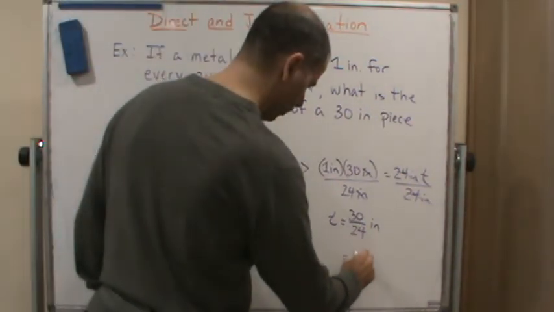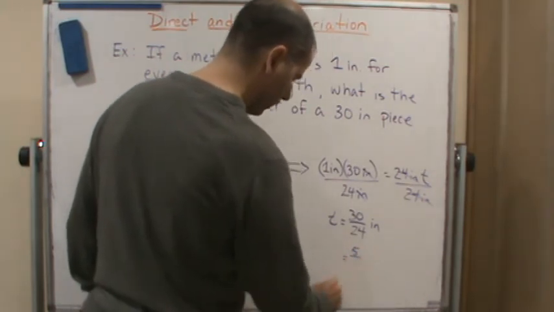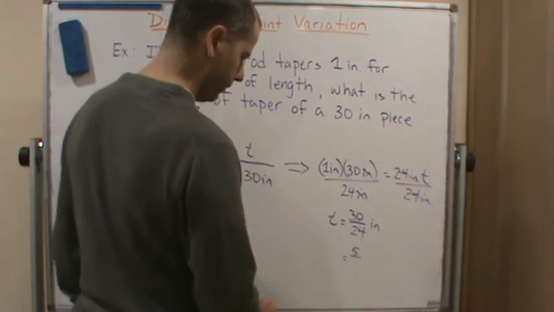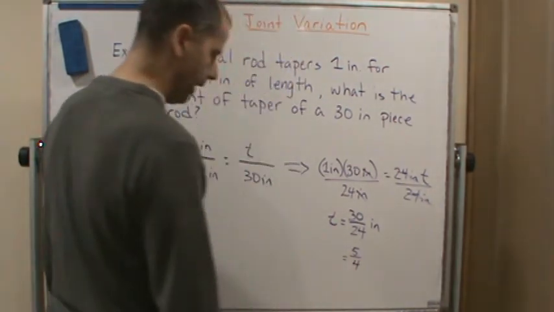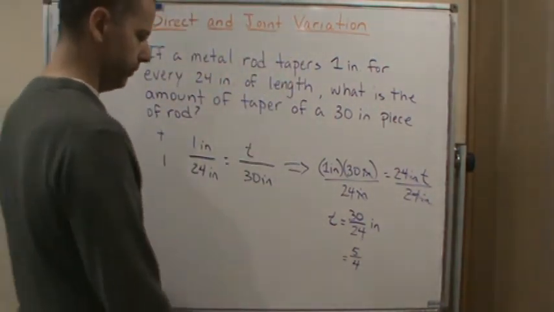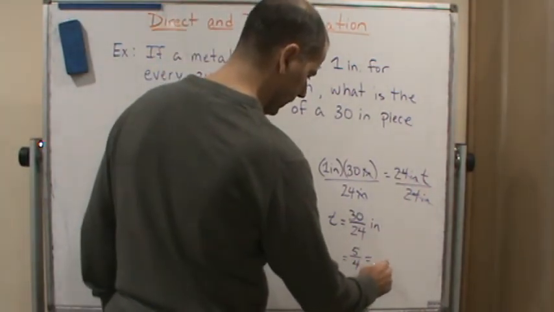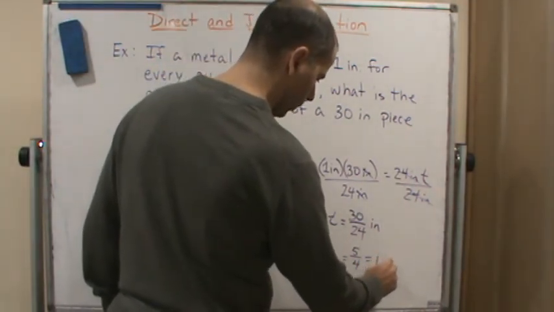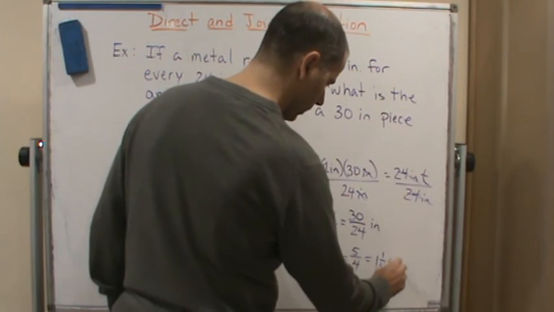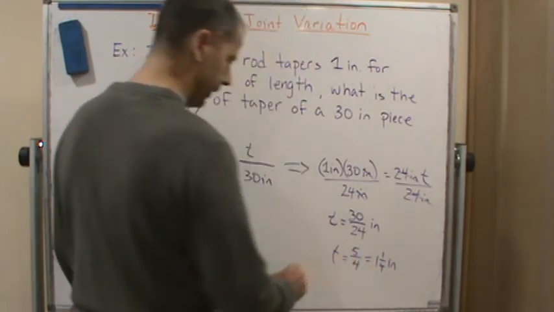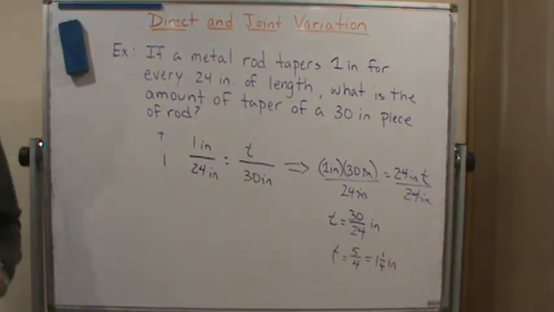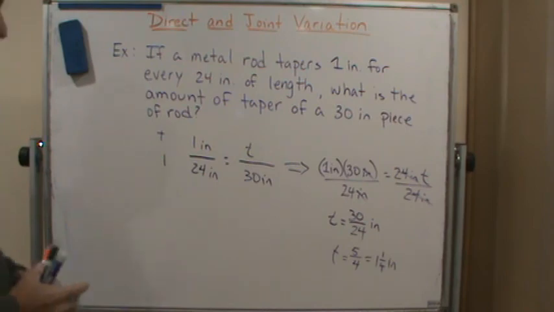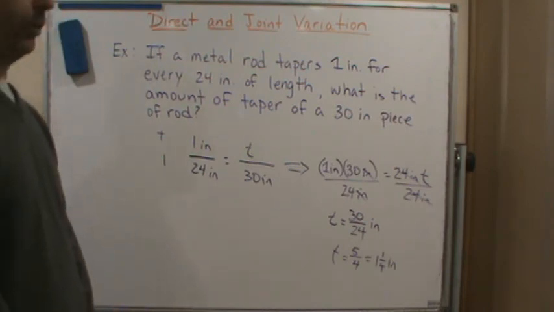This gives me 5/4, or T equals 1 1/4 inches. So for a 30-inch piece of metal rod, it tapers 1 1/4 of an inch, or 1 1/4 inches.